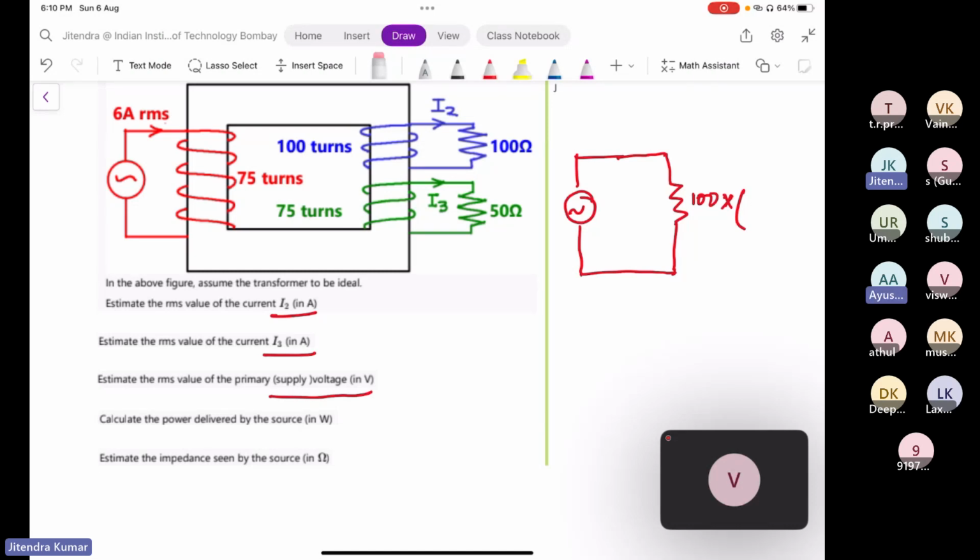So let me just do 75 by 100 into a square. Okay. And the other one is 50 into 75 by 75.